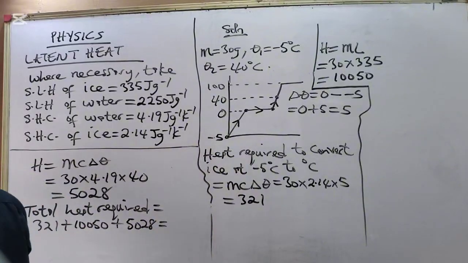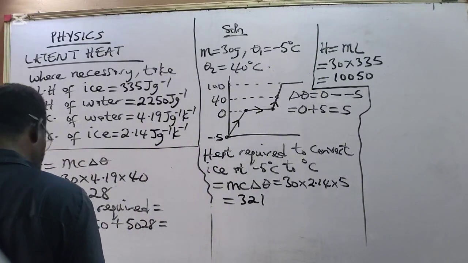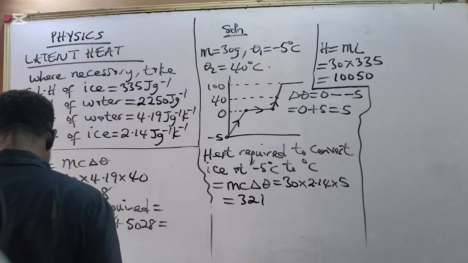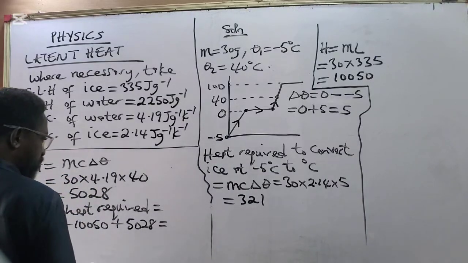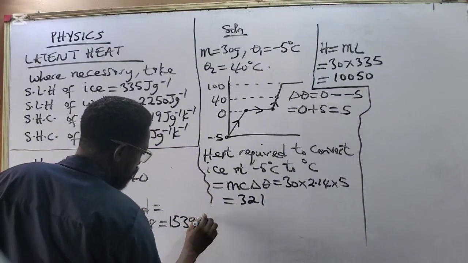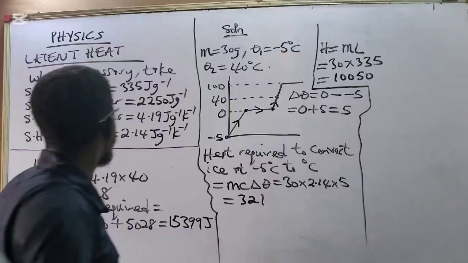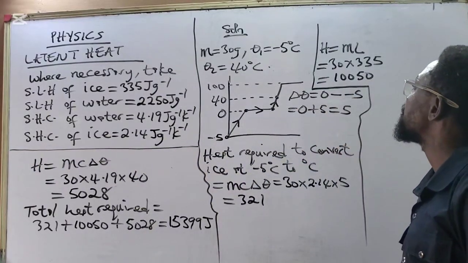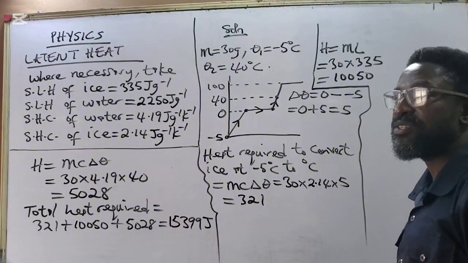We add that up now. 321 plus 10050 plus 5028. That was 15,399 joules of heat. So that's the heat required to convert the 30 grams of ice at -5 degrees C to water at 40 degrees C.